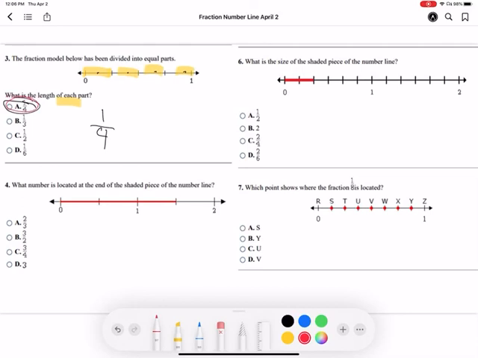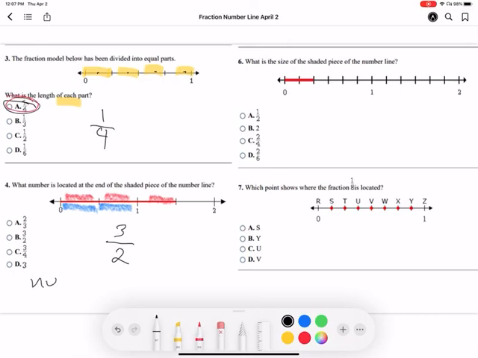Let's use color to show which one's correct. What number is located at the end of the shaded piece of the number line? Same thing. I still need to know what is the number line. What is the denominator? Well, I'm going to count how many pieces. 1, 2, 2 make a whole. So if you remember, that means that's my denominator. 2 make the whole. Now I need to count how many pieces we're counting. We're counting 1, 2, 3 pieces. So my numerator, which is what I'm counting, is 3.